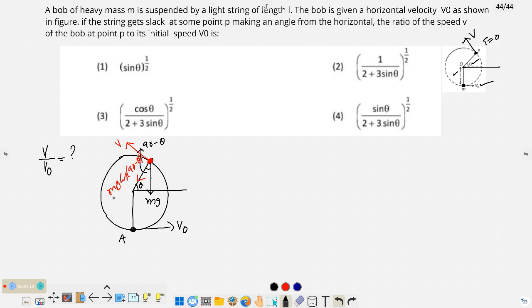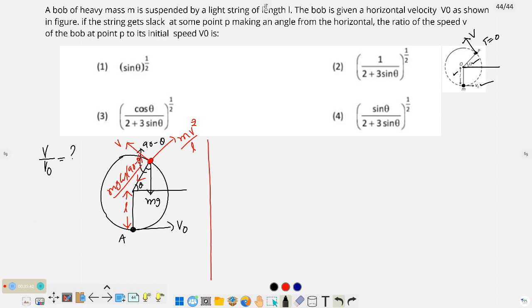This mg cos(90 minus theta) provides the centripetal force. We say there is a centrifugal force mv square by r, and in this case L, the length of the string which is suspended, is the radius. How much length there is, that much radius it generates. I'm taking this because you have to know the concept of circular motion here.